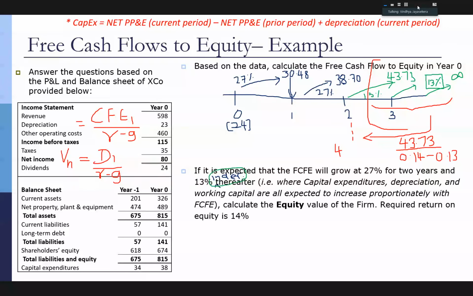Is it 4,373? Yes, 4,373. Is that it? So what are my cash flows in year one? What are my cash flows in year two now?